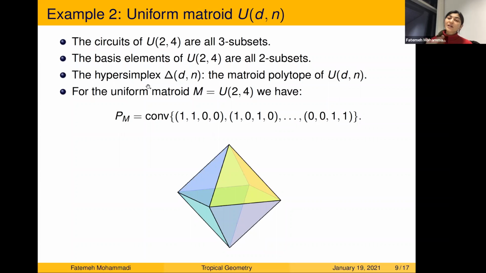The corresponding matroid polytope is the convex hull of all 0,1 vectors with exactly d ones and n minus d zeros. I plug in these points and take the convex hull, which is called the hypersimplex. This hypersimplex shows up in various contexts. That's the second example.